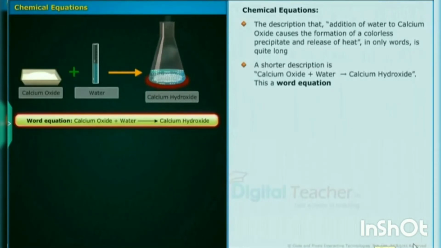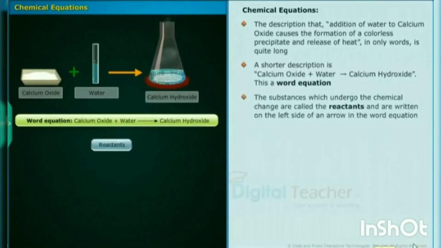In only words, it is quite long. A shorter description is: calcium oxide plus water gives calcium hydroxide. This is a word equation. The substances which undergo the chemical change are called reactants and are always written on the left hand side of an arrow.